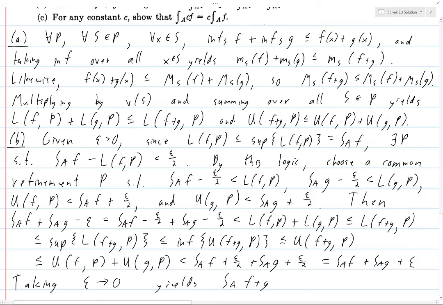And so in particular, the supremum of L(f+g, P) is equal to the infimum of U(f+g, P). And that equality is precisely what it means for a function to be integrable. So the function is integrable, and furthermore, when we take epsilon to 0, we get precise equalities, and on the left and right-hand sides we get the integral of f plus the integral over A of g.